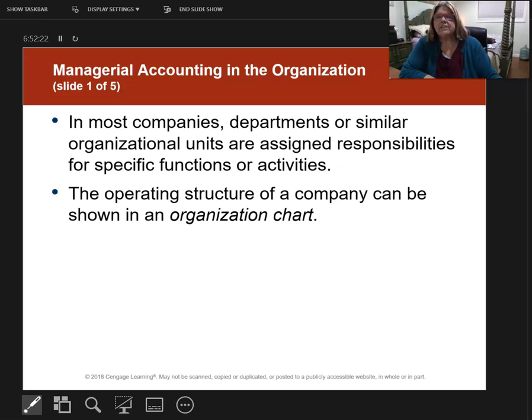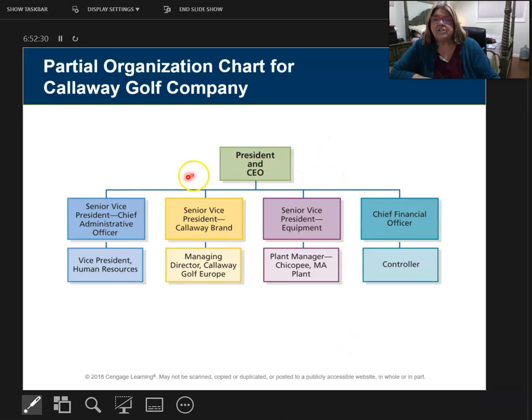The first thing we're going to talk about is an org chart, or organization chart. In managerial accounting, we break the company down into different sections, which makes it easier to figure out who's responsible for what. This is an organization chart for Callaway Golf Company. I've got the president and CEO, and by the way, CEO stands for Chief Executive Officer.